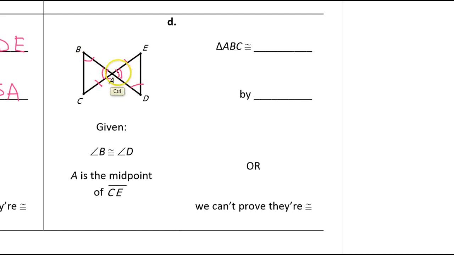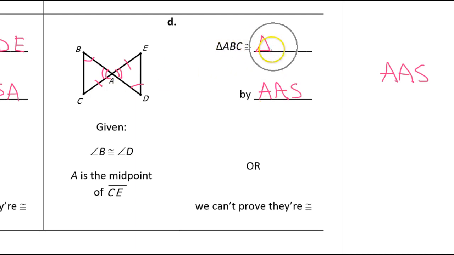So I have two angles and a side that is not included, a side that's off to the side. That is angle, angle, side. So how do they correspond? Angle A corresponds to angle A, angle B corresponds to angle D, and that just leaves angle E.